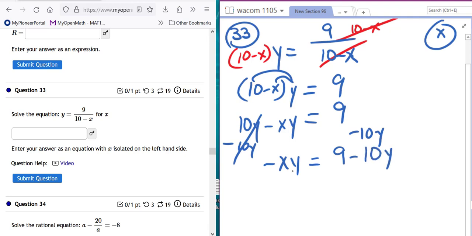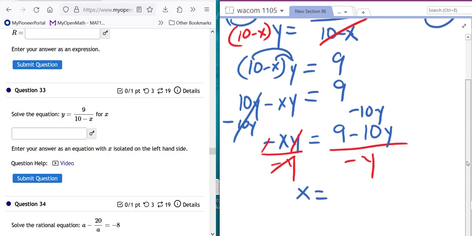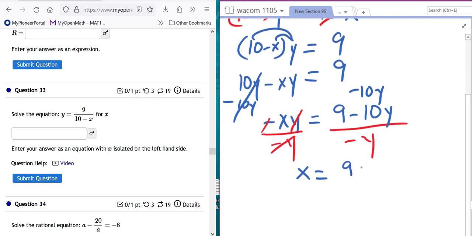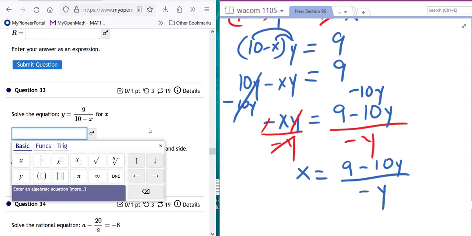And I'm going to divide by negative y because this is multiplied. So that isolates my x. This answer should be fine, and we're going to type this one in to see if they're okay with that. Sometimes they don't like that negative in the denominator, and they'll distribute it somewhere else. So we will type it in.